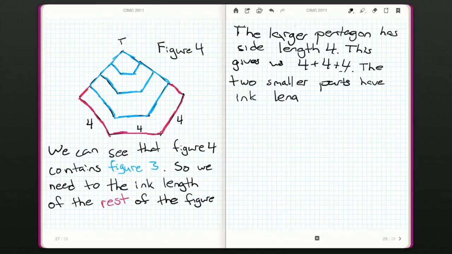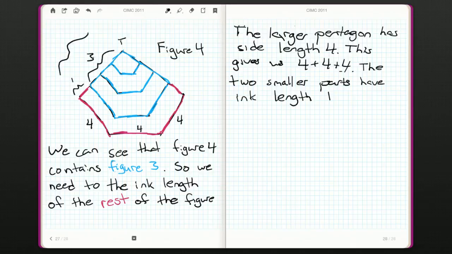Now about these two smaller bits, they each have ink length 1. As we can see, this side length here is 3. This has to be 1 because the total side length is 4.